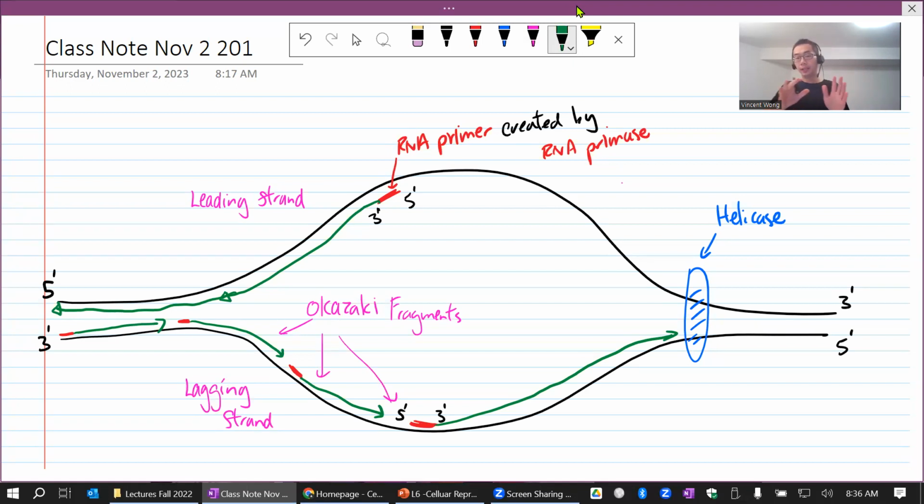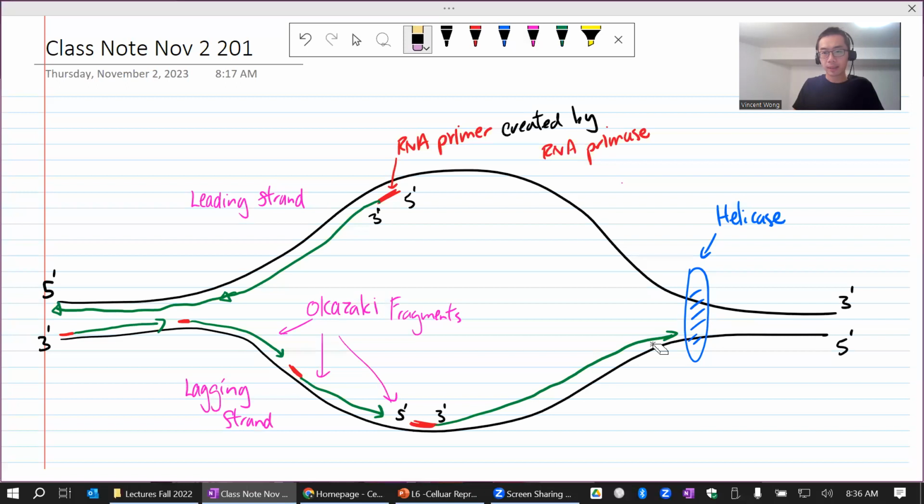Now, if you switch your focus to the other side of the fork, right, the helicase here will open up more, and what happens is the lagging strand that was on the left, actually this is able to continue all the way to the end. Whereas the top strand now, I'm going to need to have more primer, right?